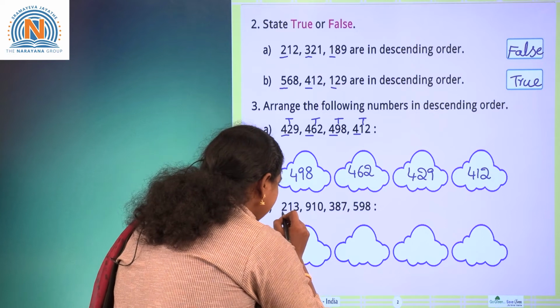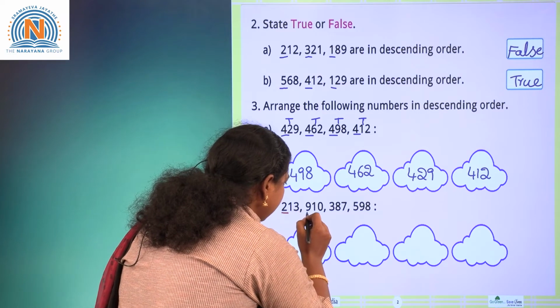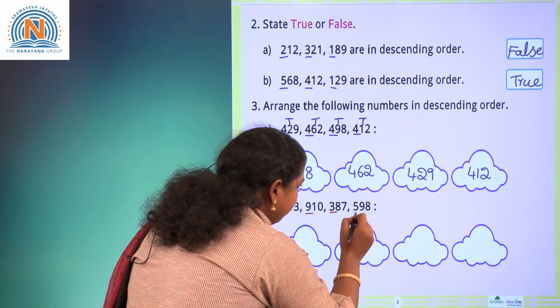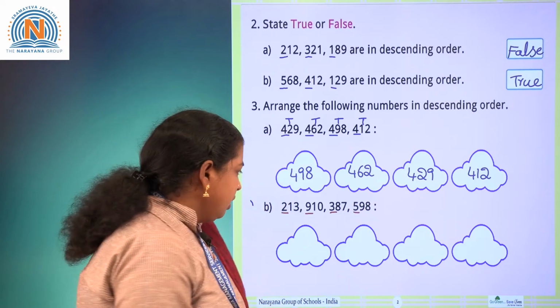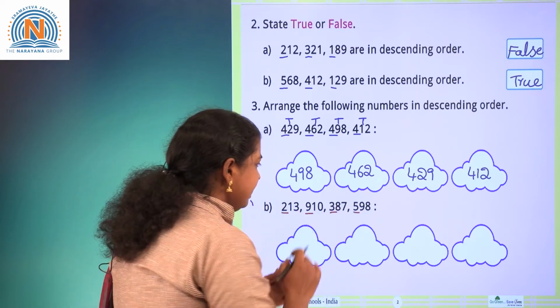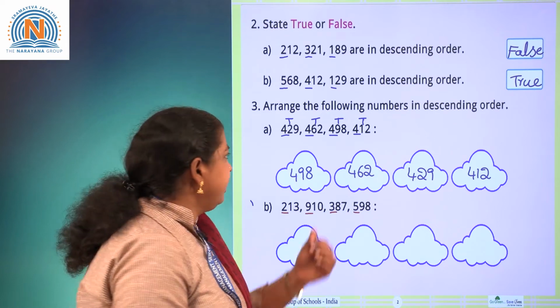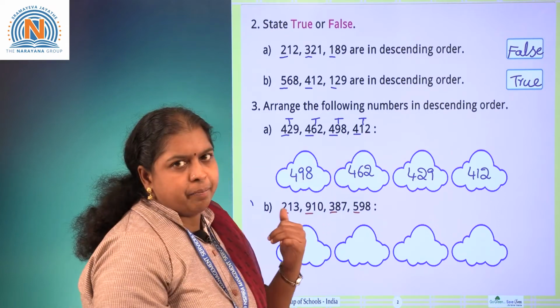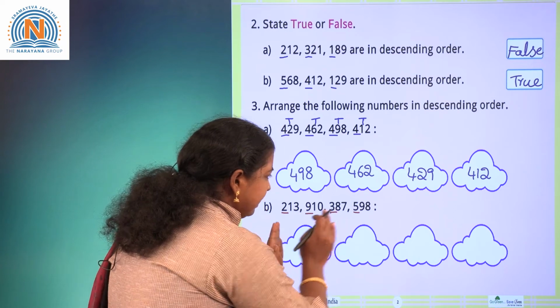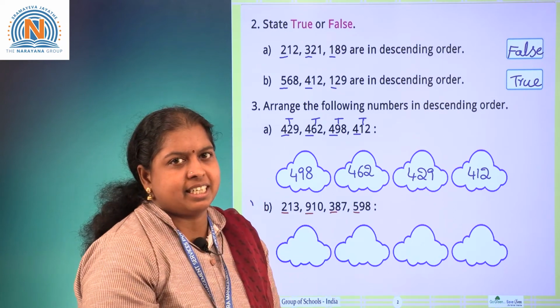What are the digits in the hundreds place? Here it is 2, 9, 3, 5. If you observe, the digits in the hundreds place are different. In the previous case they were same. So you have to compare the digits in the hundreds place.